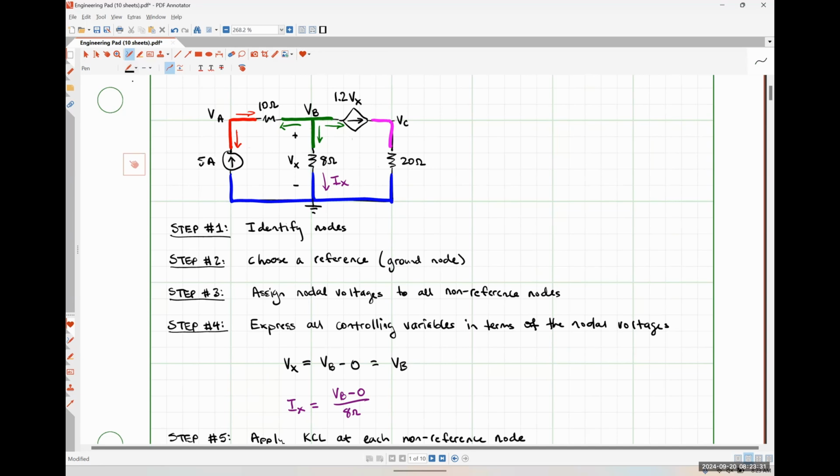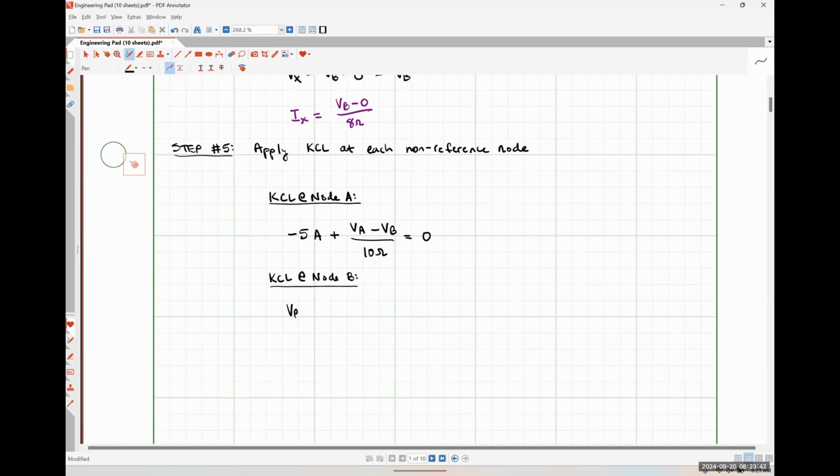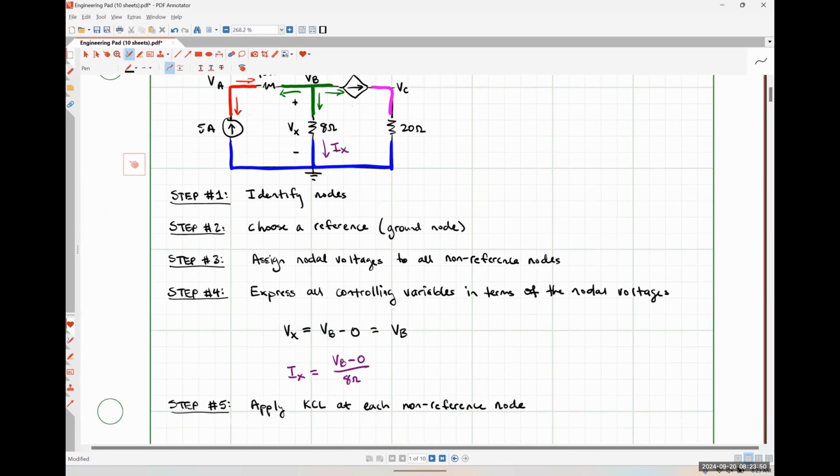What should that be in terms of our nodal voltages? VB minus VA over 10, absolutely. What about the current flowing down through the 8 ohm resistor in terms of our nodal voltages? Yep, so VB over 8 ohms, absolutely.